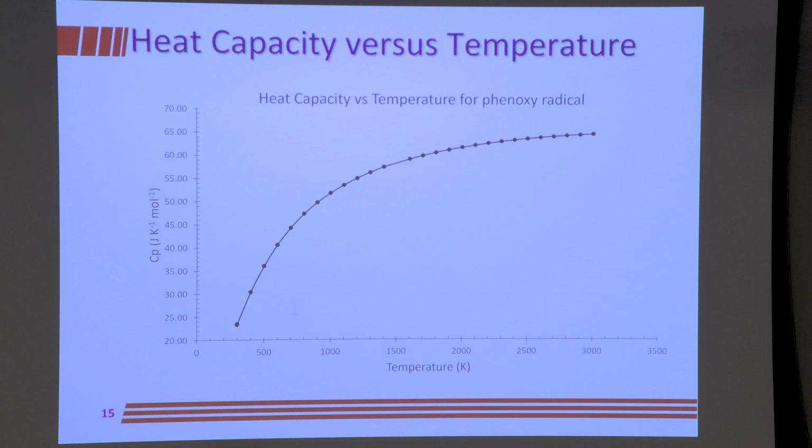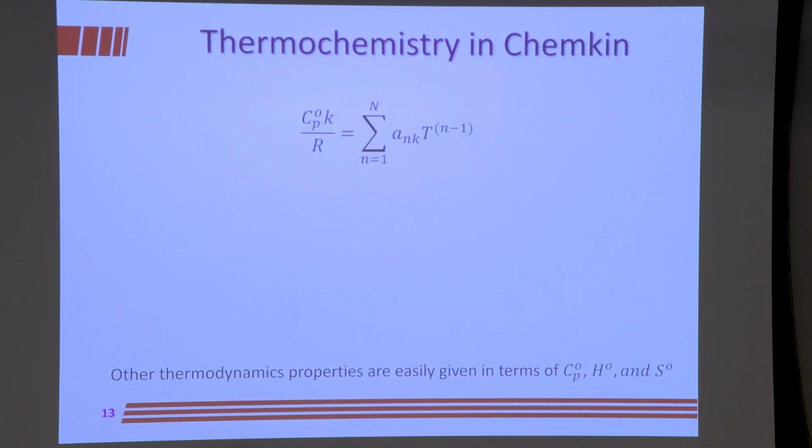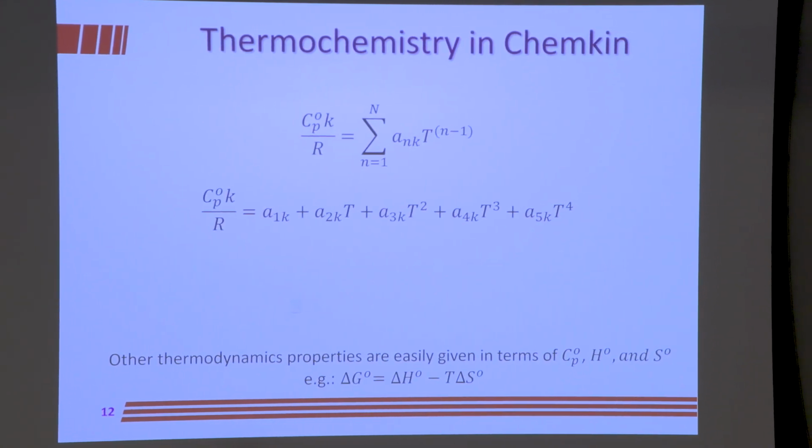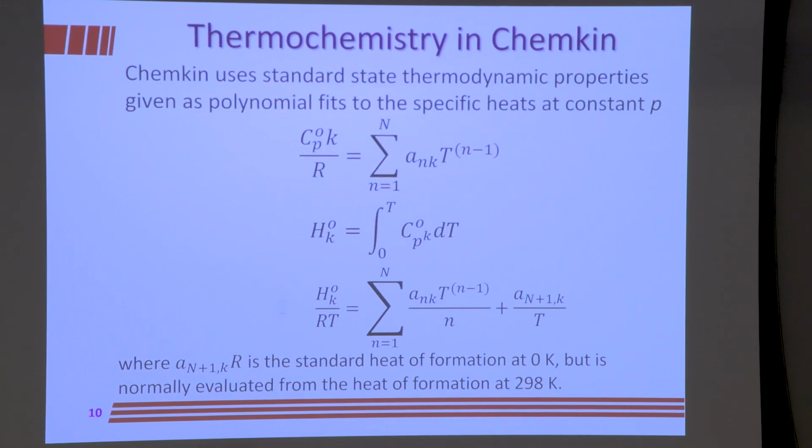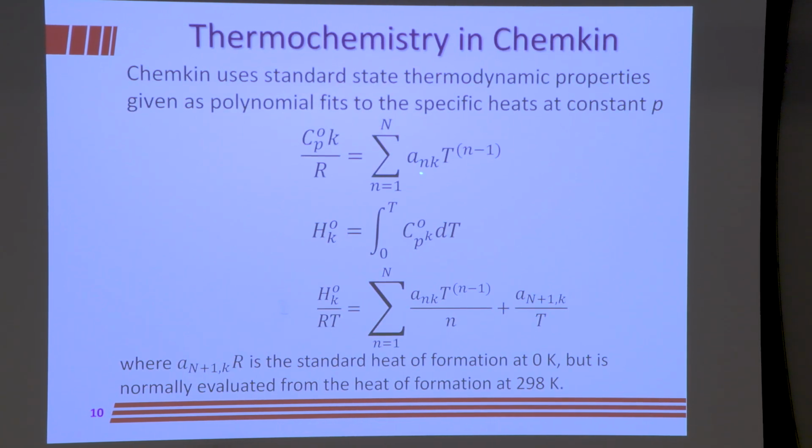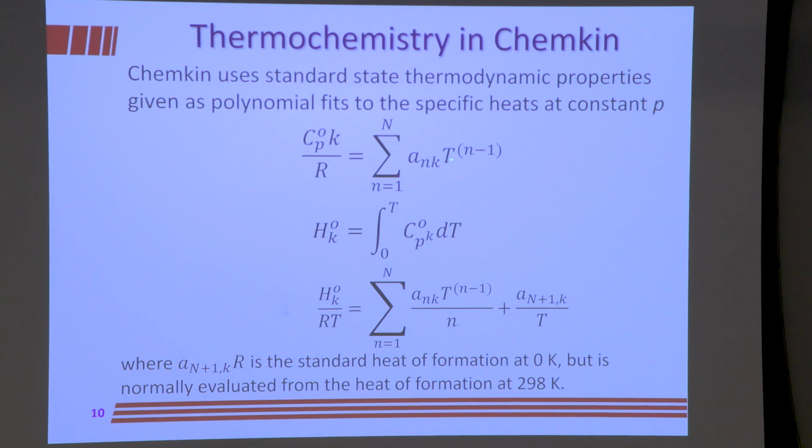So here's the heat capacity as a function of temperature. And you can see we can't do this with 2 or 3 numbers, like a linear fit. It has to be a polynomial. So this is the polynomial that we use, the sum of these numbers times temperature to the n minus 1. Then enthalpy is the integral from T0 to T of the heat capacity at constant pressure times dT.